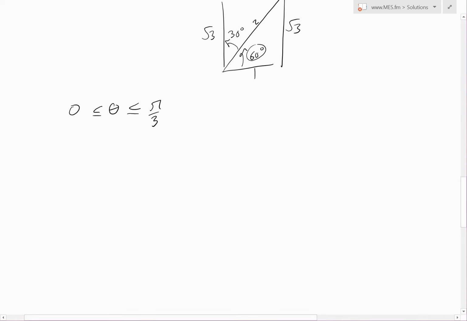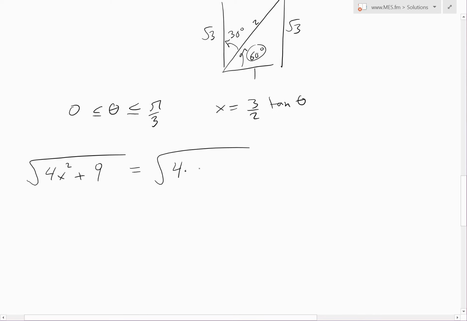So now we can go ahead and simplify this square root function right here. So we have 4x squared plus 9. Now this equals, when we plug in x is equal to 3 over 2 tan theta, 4 times 3 squared over 2 squared times tan squared theta plus 3 squared.